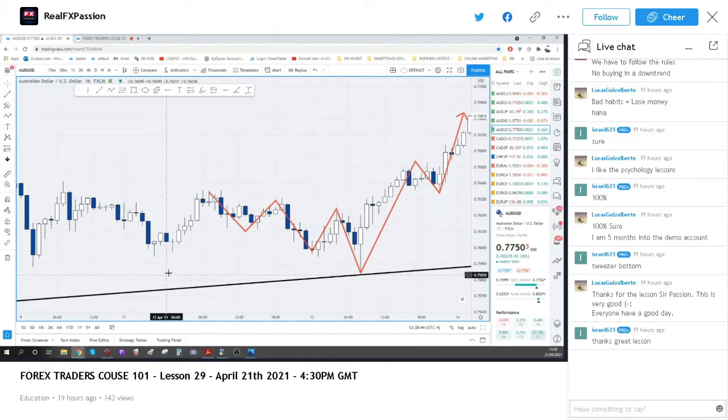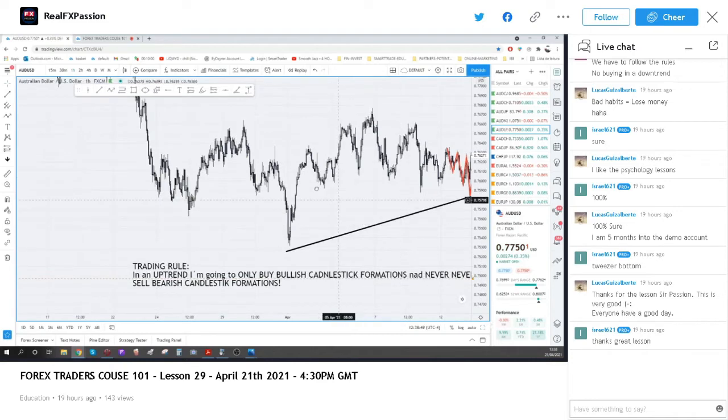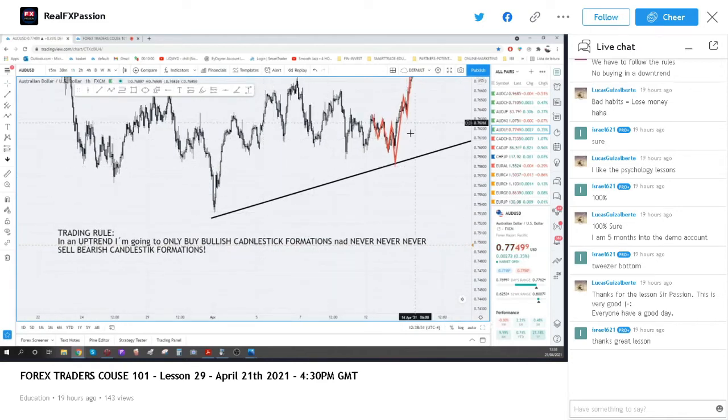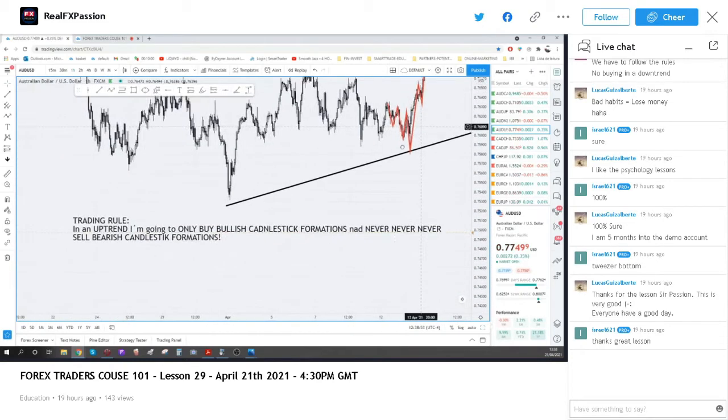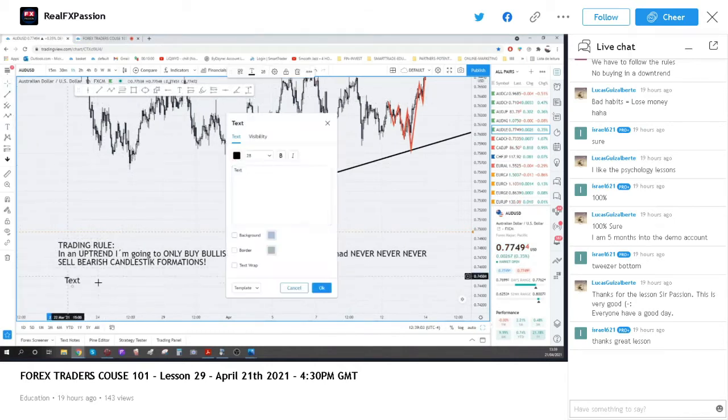Okay. So where is the trading concept? Let me see. Trading rule. It's here. Do we have enough? We have. Okay. Trading rule: in an uptrend, I'm going to buy only bullish candlestick formation. Now, this is a trading concept, right?